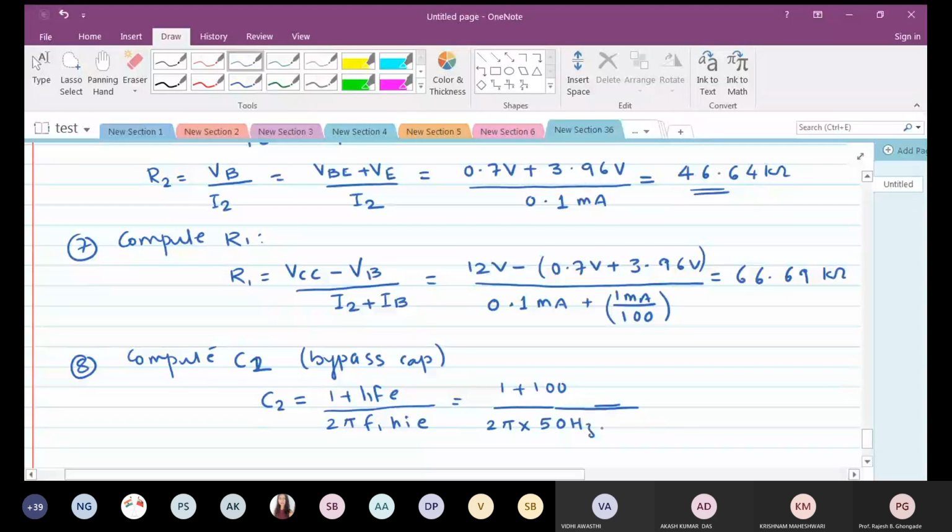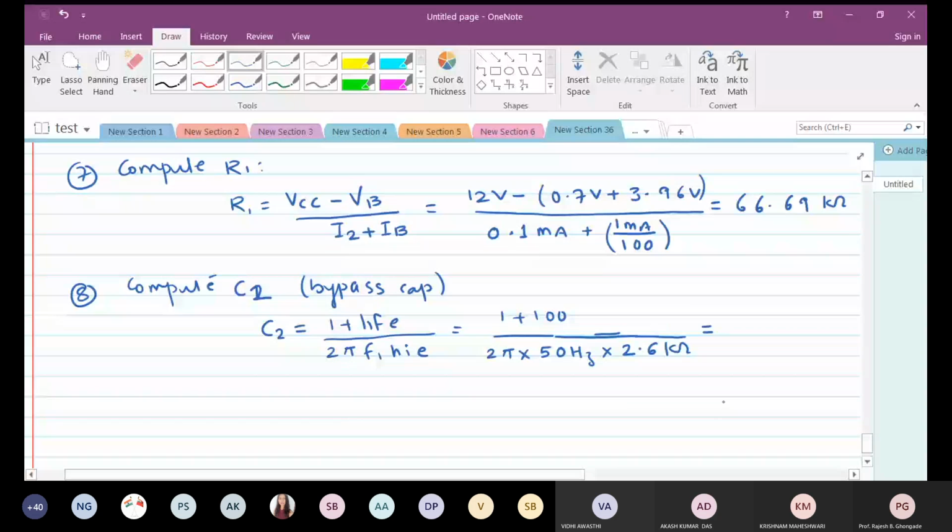HIE is what you have already calculated. What was that? 2.6 kilo ohms. So compute this. What do you get?